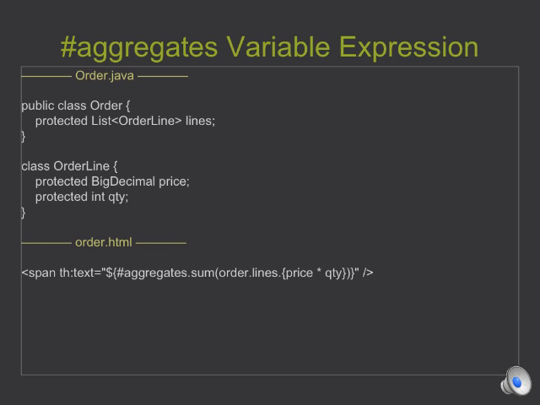So we're navigating through our properties. We've got our order, dot lines, dot, and then when it sees that curly brace, now it knows that that operation is supposed to happen for the current line that it's on. So it'll multiply the price and the quantity. And then sum is intelligent enough to say, okay, we have lines, and so that means that we want to loop through all of the lines in this order and sum them up. And so it's a pretty easy way to get a total price for an order with one line there.